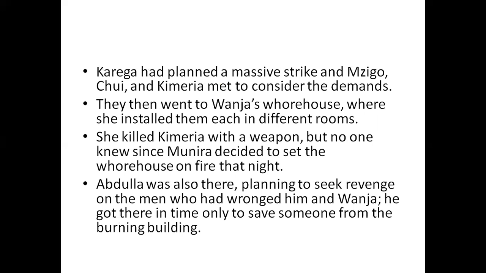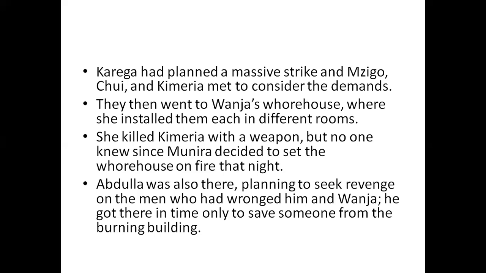Karega had planned a massive strike, and Mjigo, Chui, and Kimeria were made to consider the demand. So Karega had a plan against these three antagonists of this novel, Mjigo, Chui, and Kimeria. They then went to Wanja's house, where she installed them each in different rooms.